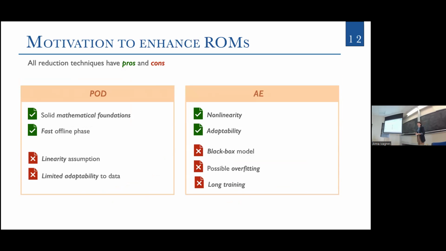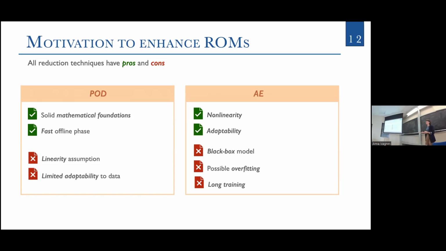Okay, now I want to continue by highlighting the pros and cons of all the approaches that I said. Probably you already know, but the POD, as I said, is a linear approach, but it has a very solid theory behind, and it's very fast in the applying stage.